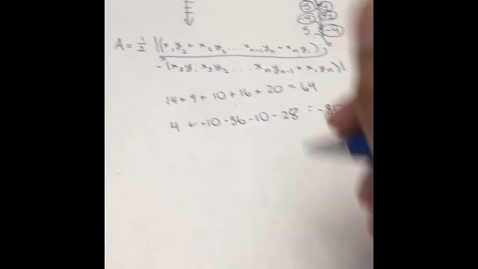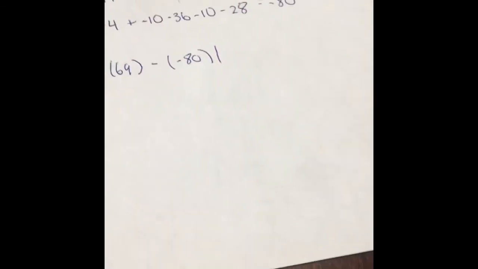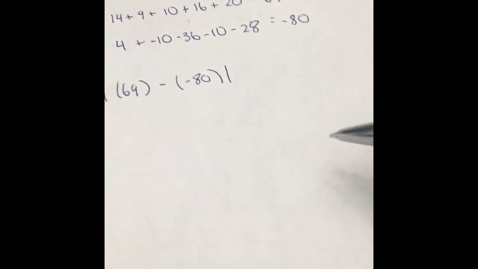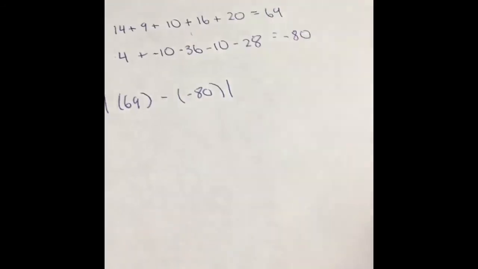So when you plug it back into our equation, we get area equals 1/2 the absolute value of 69 minus negative 80. Close absolute value. Since it's a negative, we have to add it to the 69.